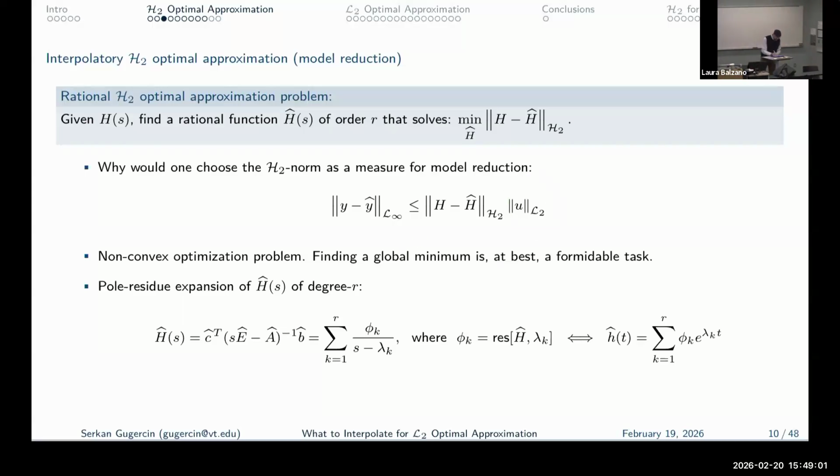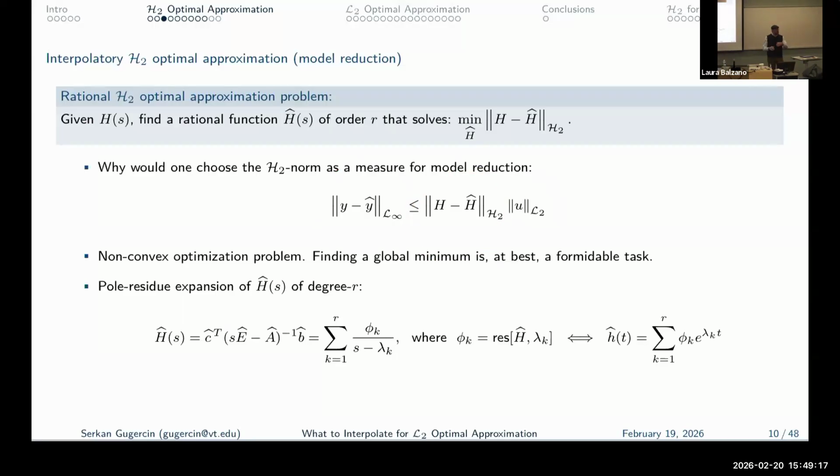So if I can make this small, I am guaranteeing that my outputs are going to be close for any L2 input that you have chosen. Okay? This is why we try to minimize this H2 distance between the transfer functions.